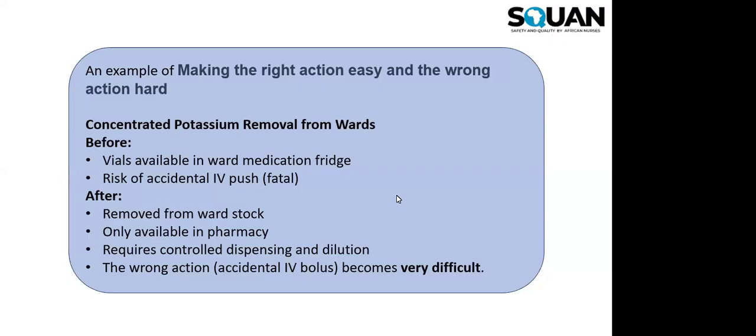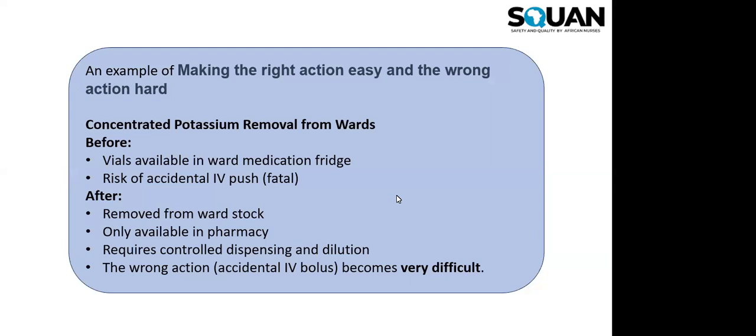So we're not looking at all the system failures and then saying this staff that came to help is the person that should be sacked. Anyway, after this incident, we had to remove potassium chloride from ward stock because it's a high-risk medication, only available in pharmacy, requiring controlled dispensing and dilution. It should be diluted by the pharmacist.